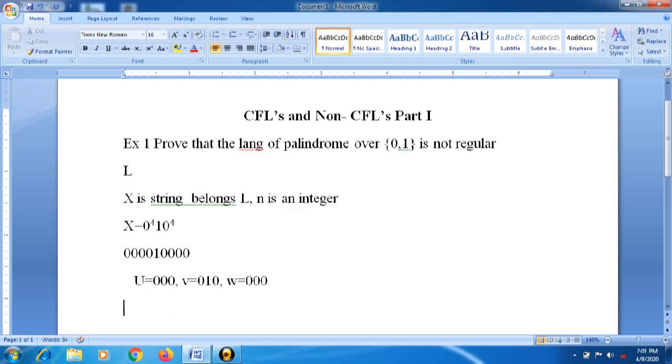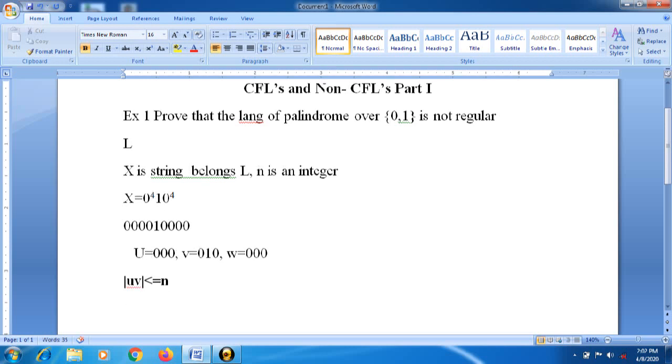After that we have to satisfy these conditions. First of all, check whether the length of the given string is greater than or equal to n or not. Now here our n is nothing but 4, and totally 9 symbols are there, so |x| is greater than n. Then consider |uv| is less than or equal to n.